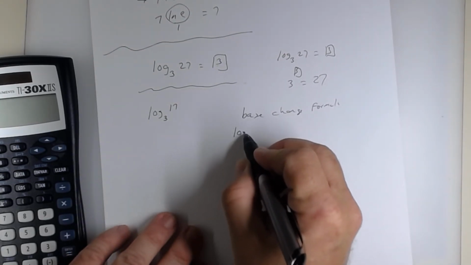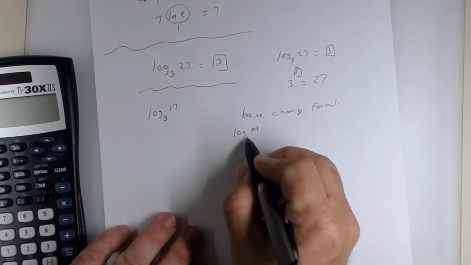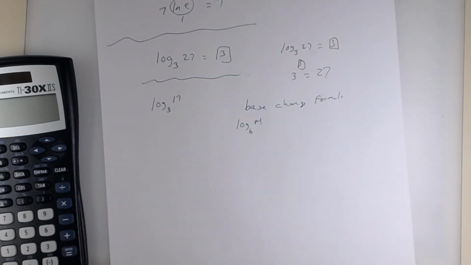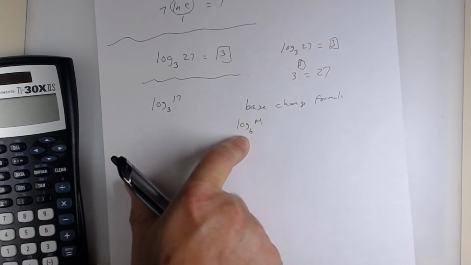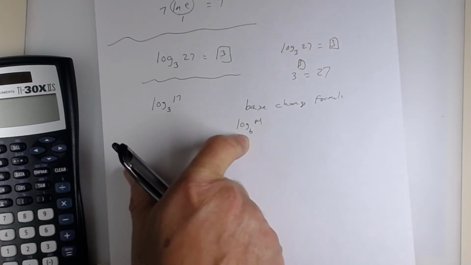If I have the log of m with some base b, I can change that expression to any base I want to, as long as the base is positive, and it cannot be what positive number? 1. So I can change this base to whatever base I want to. So there's an infinite number of bases this can be.